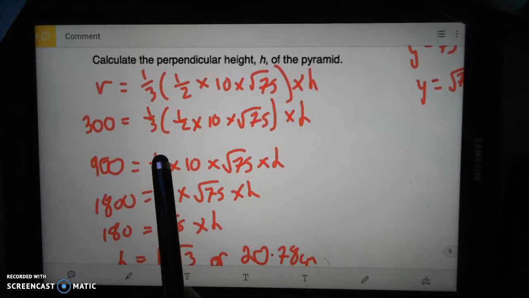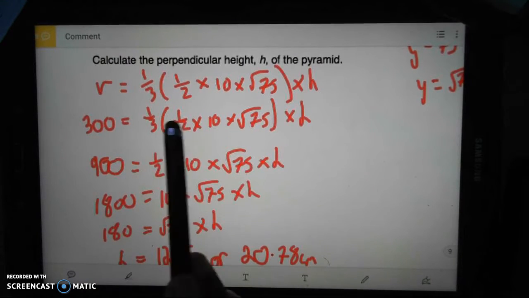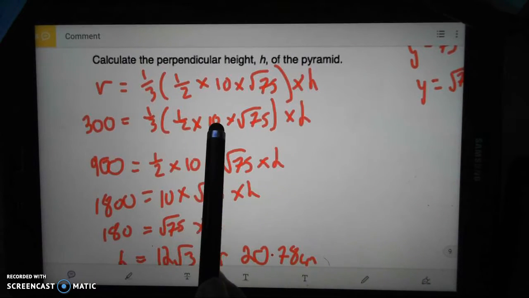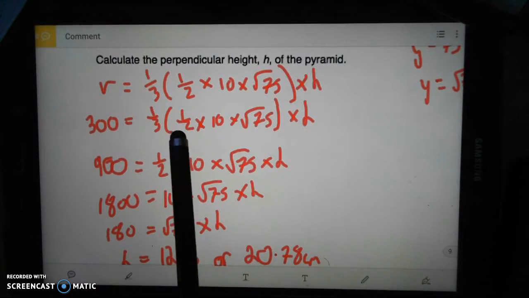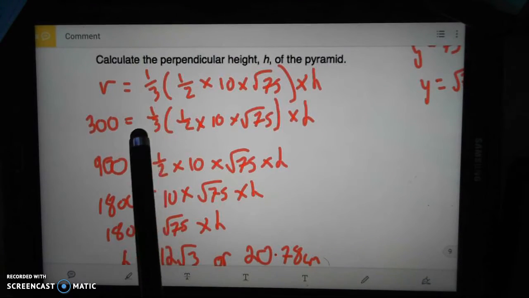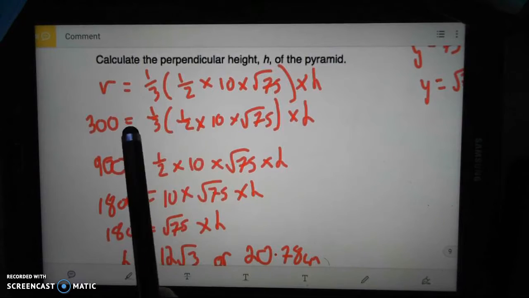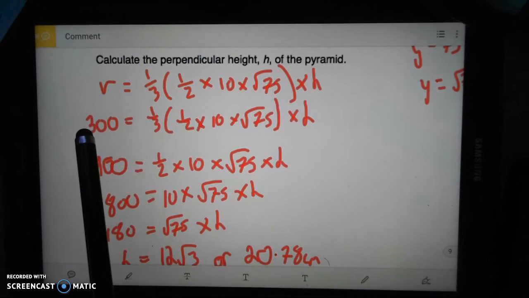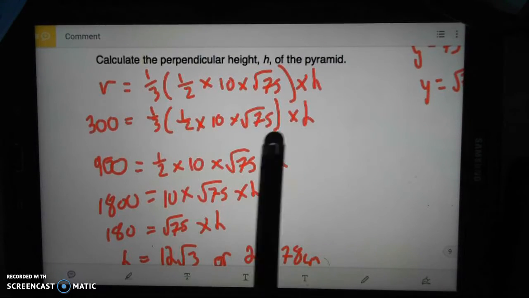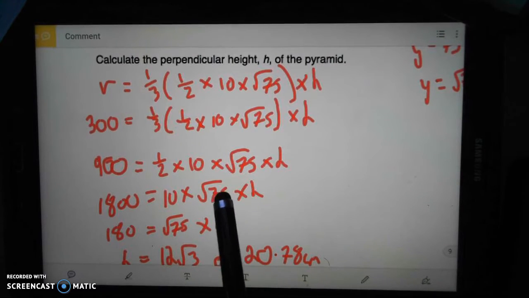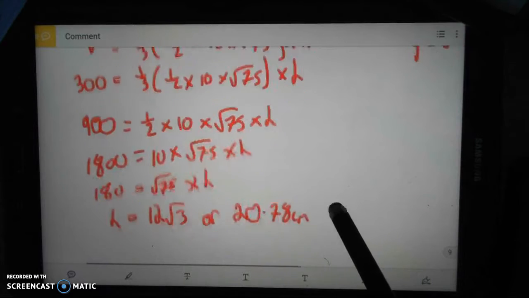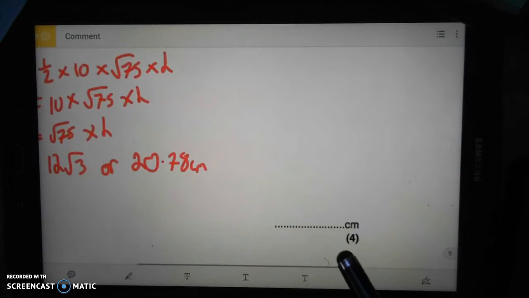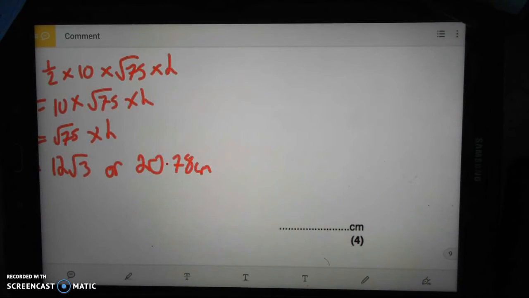On this line here, you could have done a half times 10 times the square root of 75, which gives you the area of the base, times a third. Whatever the answer was, if you do 300 divided by that answer, you'll get the answer to h. This is a step-by-step, longer way of doing it. So the final answer was 20.78 centimeters.